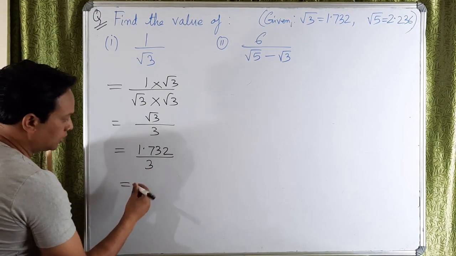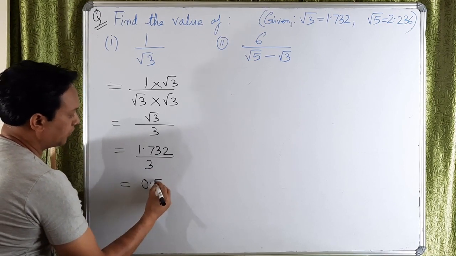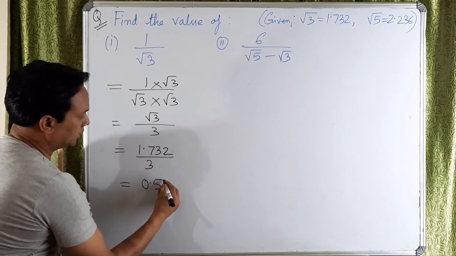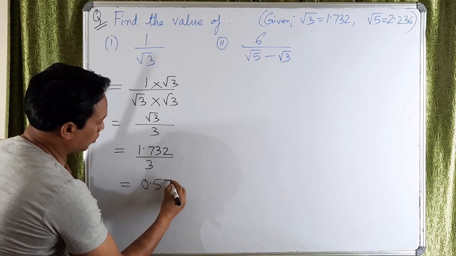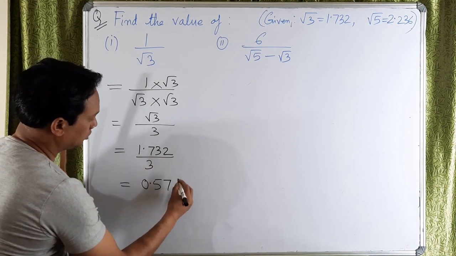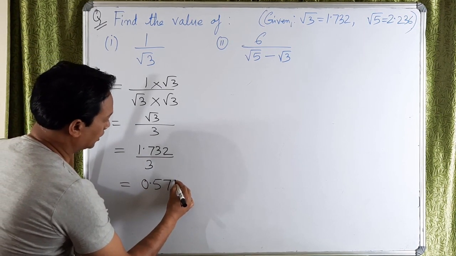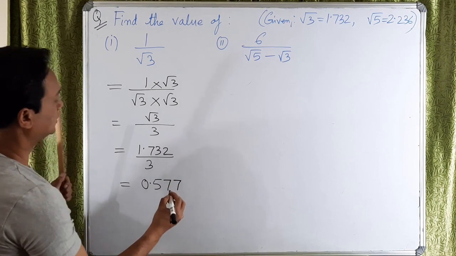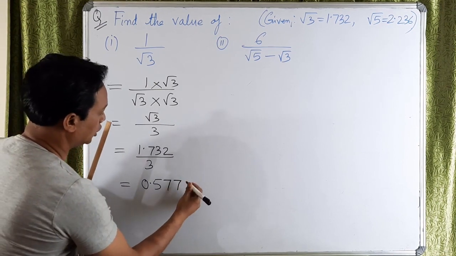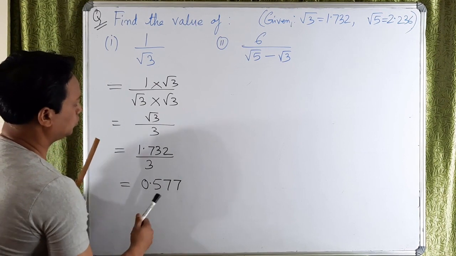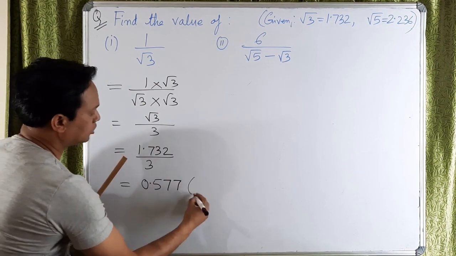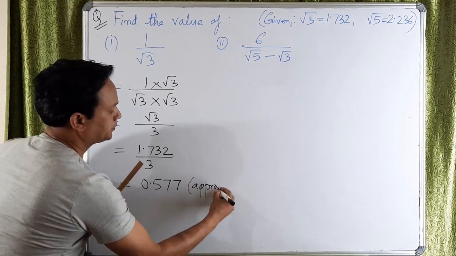Now we'll divide: 3 zeros are 0, 3 fives are 15, then 3 sevens are 21, then 3 sevens are again 21. Okay, now it will continue. So we will do up to 3 places of decimal. Approximately this will be your answer.